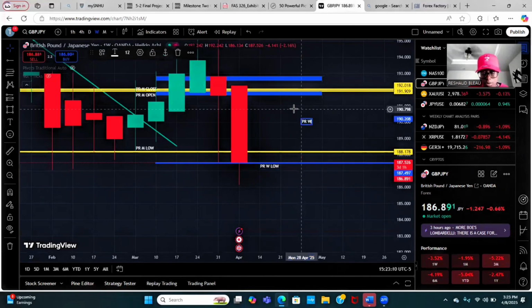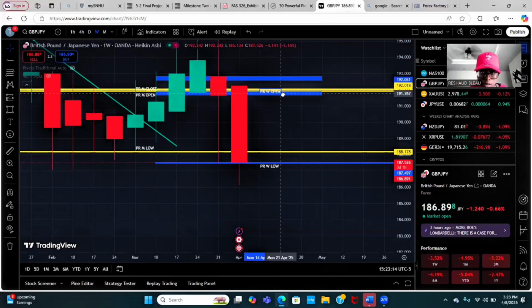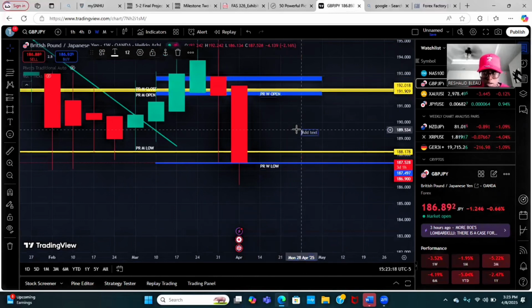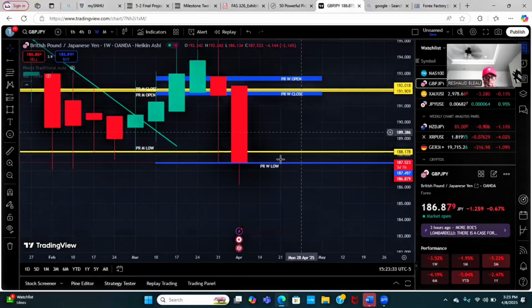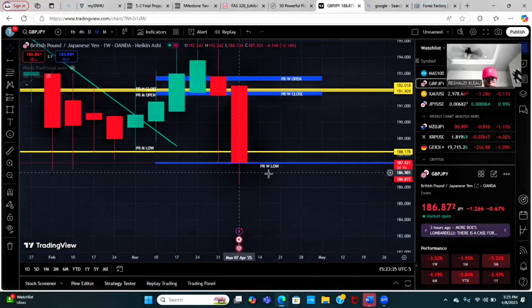Previous weekly open, and then the previous weekly close. All right. This will be the close because we're selling. This is the selling candlestick, and this is the open. All right. And so price broke below the previous weekly low. Price broke below the previous monthly low.